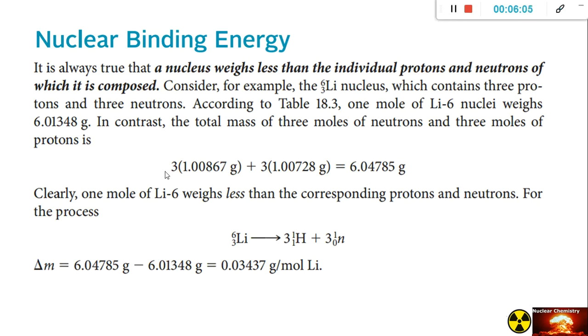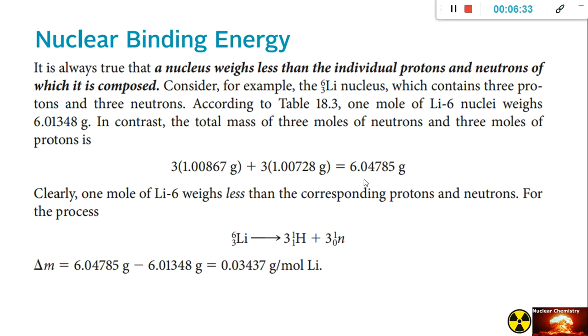Again, in lithium-6 we have 3 neutrons and 3 protons. So 3 times the mass of neutrons, which is 1.00867, plus the number of protons multiplied by its mass, which is 1.00728. So we have here 6.04785, the predicted one.